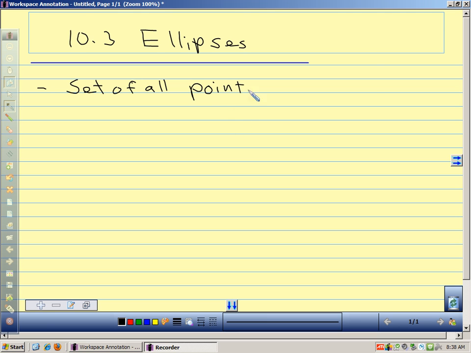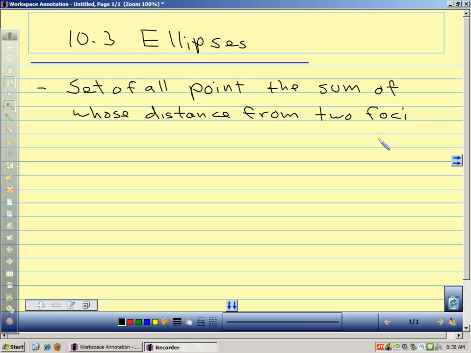The set of all points, the sum of whose distance from two points called the foci. We have two focuses. From two foci is constant. So this is how we define an ellipse.